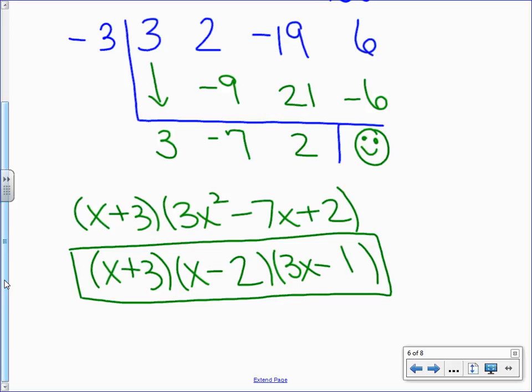Okay, I want to talk about the 3 things the remainder theorem can tell us. There are 3 things the remainder theorem can tell us. What are they? A factor, a 0, and it's a 0, what does that mean? It's an x-intercept, okay?